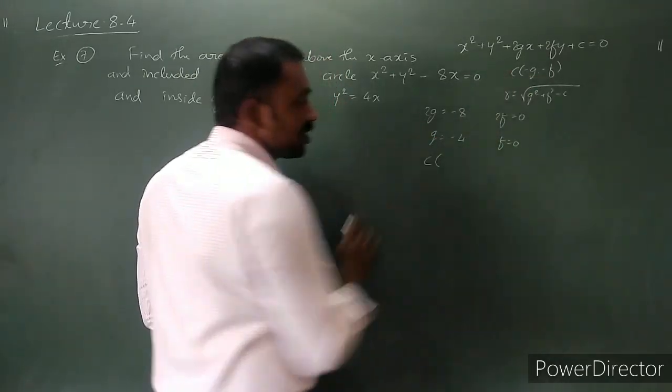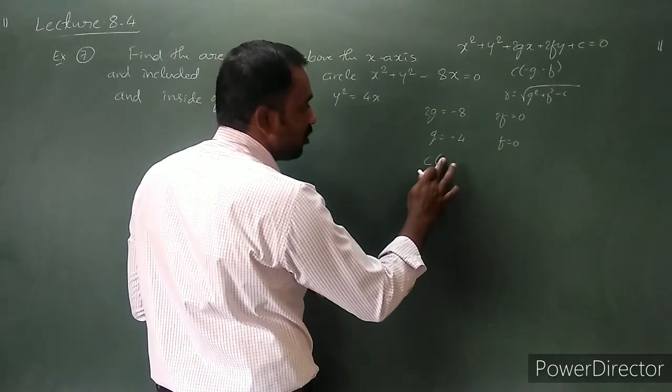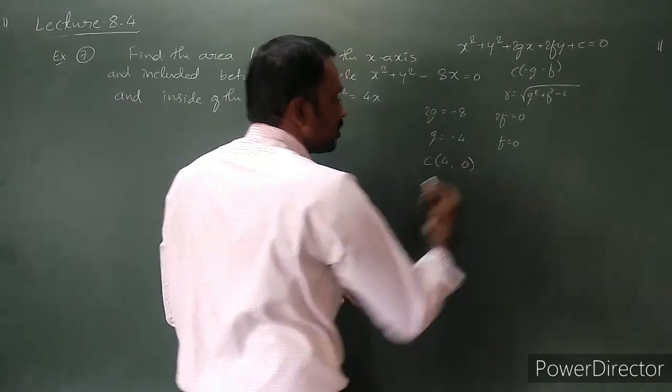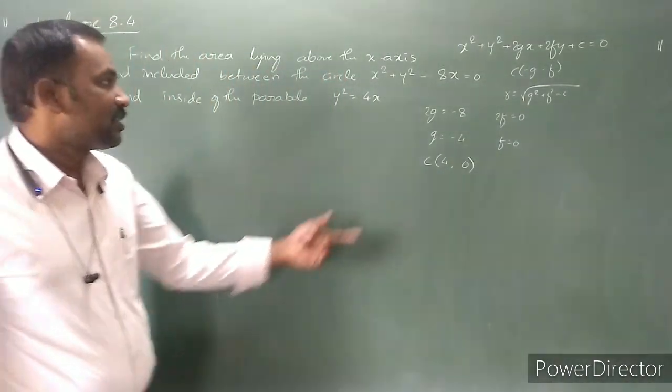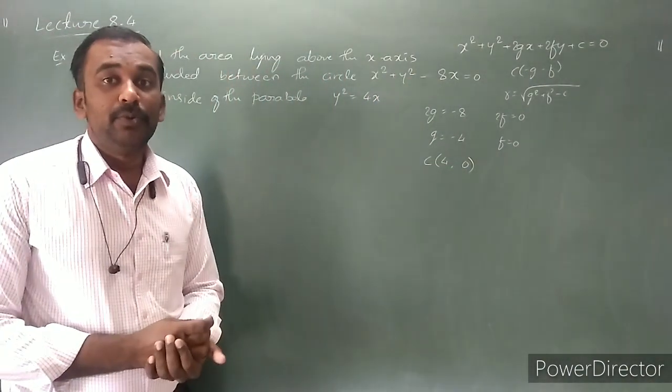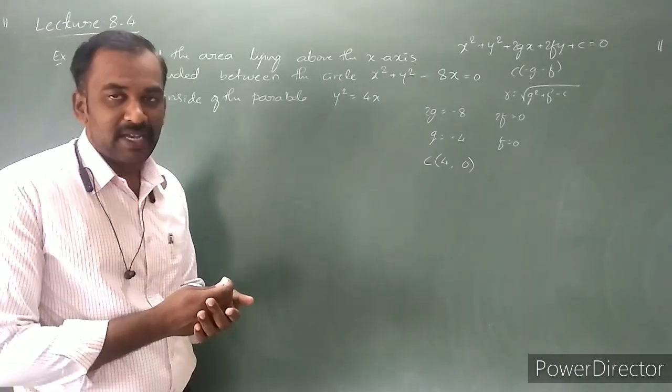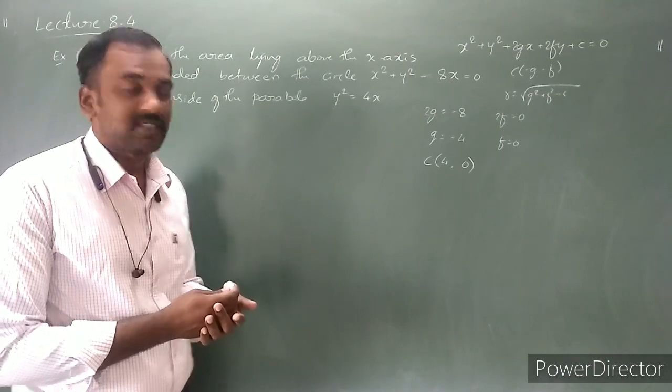The center is minus g comma minus f. The g value we already got is minus 4, so here it is plus 4, and f is 0. The center of the circle is 4 comma 0. Is 4 comma 0 a point on the x-axis or the y-axis? A point on the x-axis.